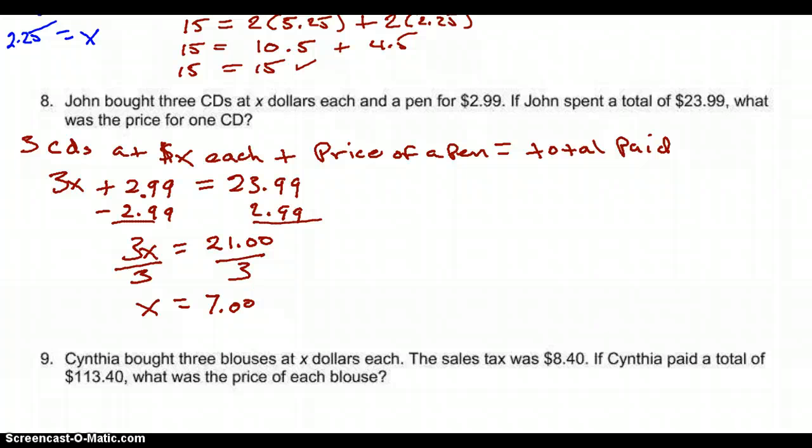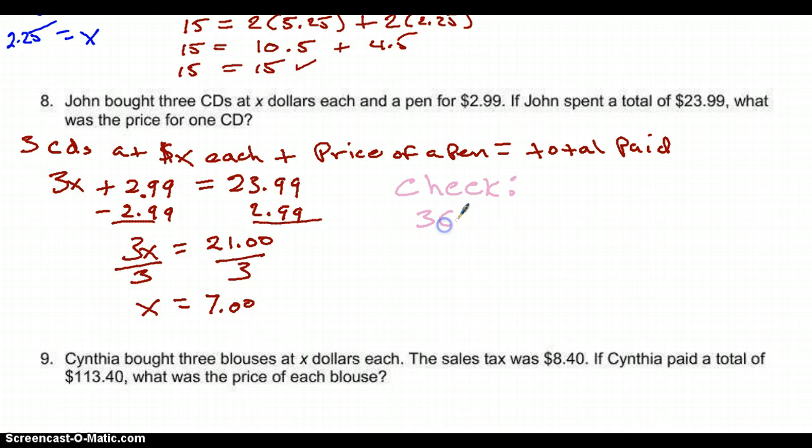And let me go ahead and change colors to check it. Hope this is able for you to see. So we'll check it by saying 3X plus $2.99 is equal to $23.99.